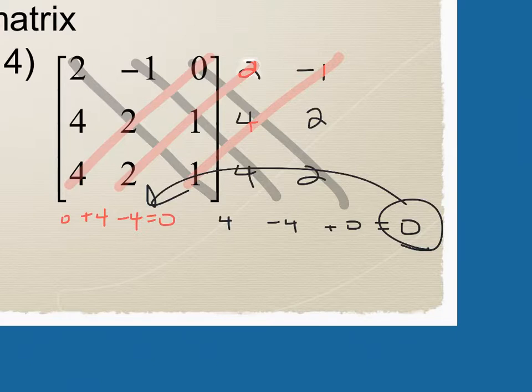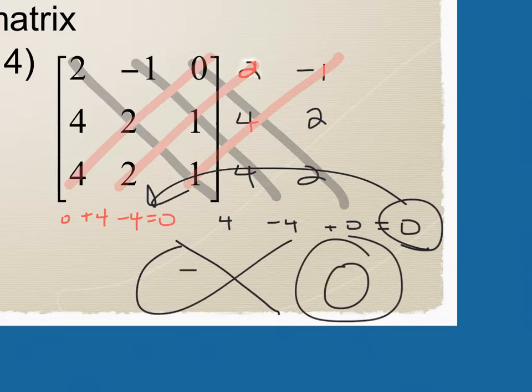You want to make sure you're doing your top left, bottom right diagonal minus the top right, bottom left. So just the way we do the fish, it would be this minus this. You want to do the same thing here. So the determinant here is 0. Questions?